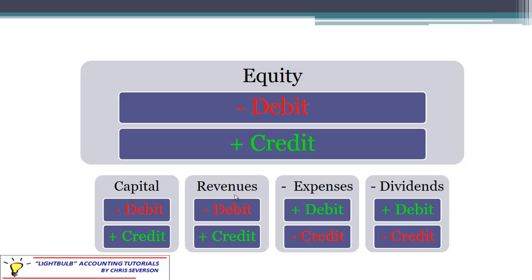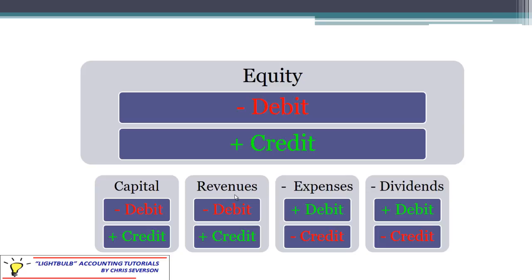Now let's break that equity into its 4 main components to see how those rules come into play. Capital, or contributed capital, or paid in capital, whatever you want to call it, and revenues, they both increase equity. The more capital we have, the more equity we have. And the more revenues we have, the more equity we have.